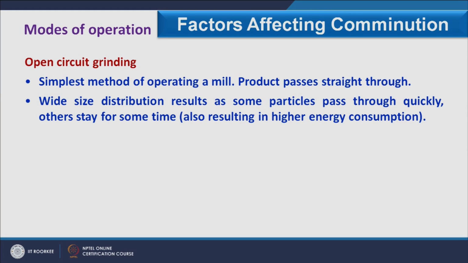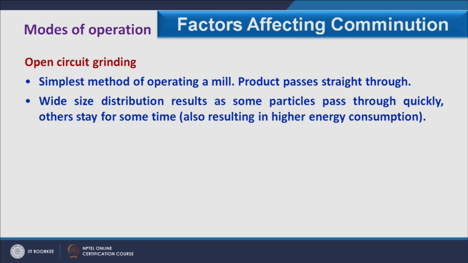Wide size distribution results as some particles pass through quickly, others stay for some time. When feed enters the mill from one side, some of the particles will pass through with only one or two strikes or impacts. However, others will stay for a longer time and get more impact.